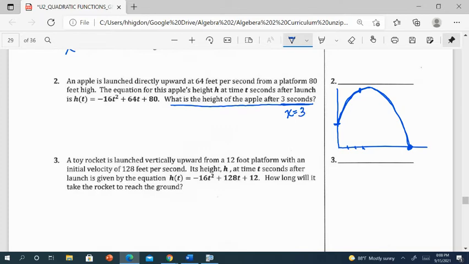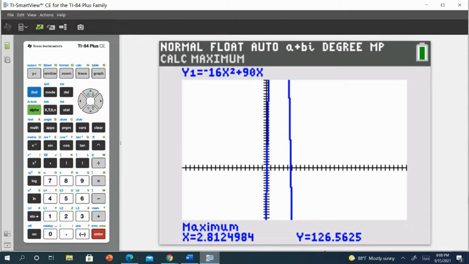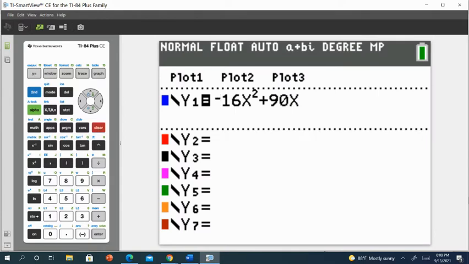Now, there's two different ways you can do this. You can just simply substitute 3 in for the time. So in other words, you're going to take negative 16 times 3 squared plus 64 times 3 plus 80. And that's going to give you the answer. Or the other way to do that is to go to y equal.